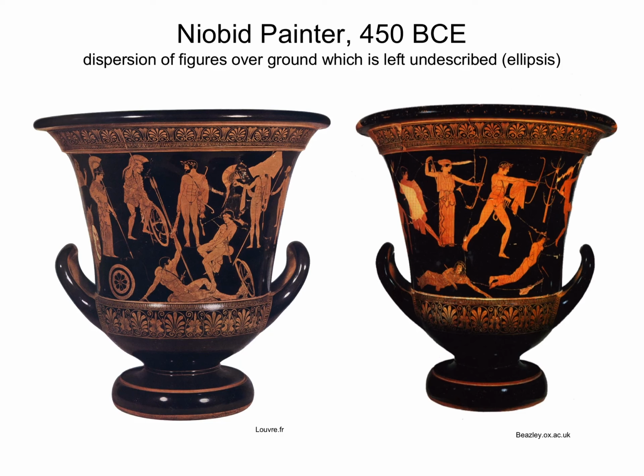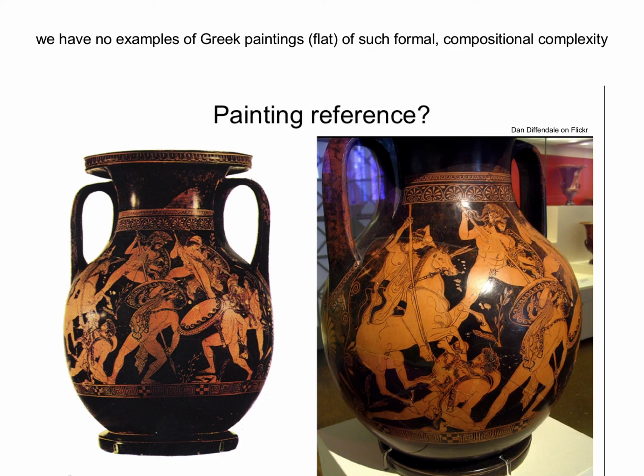There is a wonderful example here by the Neobid painter with dispersions of figure over the ground, which is left undescribed, which is ellipsis. But I bring this object up because in art history books it is often mentioned that Greek Attic pottery must by necessity reference painting compositions of the time.